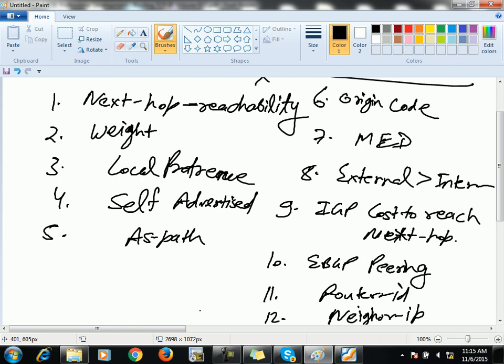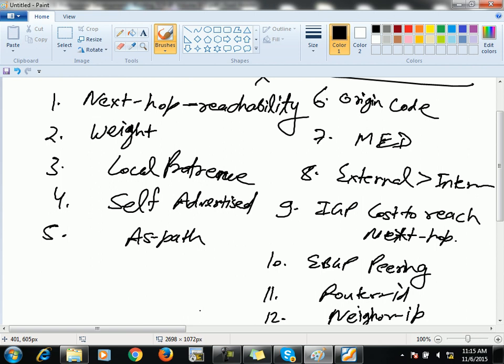If election is done based on local preference itself, then it will not go for the next attribute, right? Okay. Then self-advertised. If it was not possible to define best path based on local preference, and it is also not possible based on self-advertised, then AS path attribute will take place. If AS path attribute is also common, then it will go for origin code.